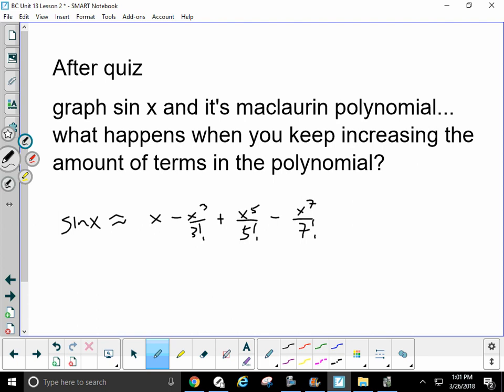Then the question becomes, what if we continue to add terms? What happens? Well, we've talked about these Taylor polynomials doing a very good job of approximating what's going on at the function where we are centering things.